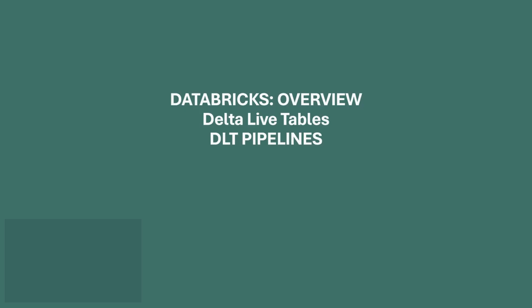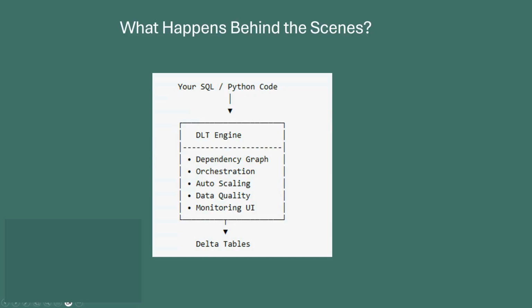By the way, the transformations can be either in SQL or Python, so you can use whatever you're comfortable with. When you're working with these transformations, all you need to do is describe your tables and the transformations you want with those tables. Databricks then automatically runs, monitors, and maintains these pipelines. It also helps in handling things like scheduling, error recovery, and incremental updates.